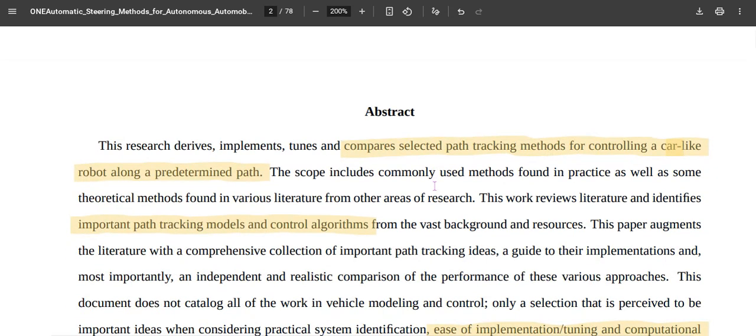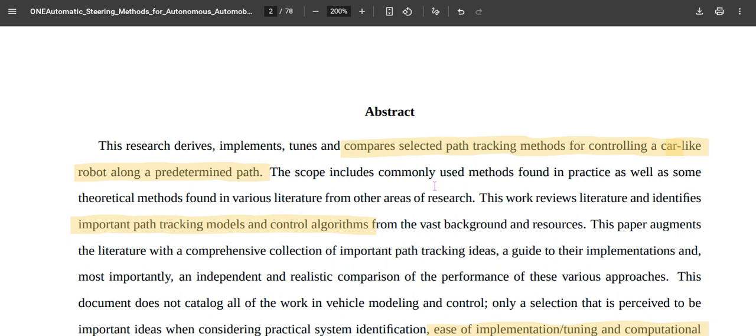This thesis compares different part tracking methods which were applied promisingly in the Darba Grand Challenge and Darba Urban Challenge for controlling a car-like robot along a predetermined path.